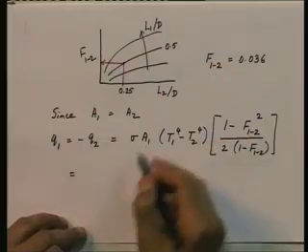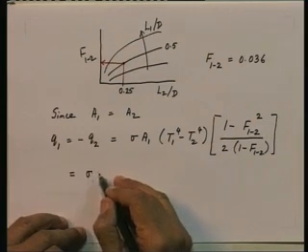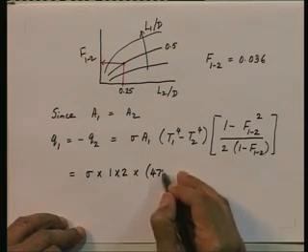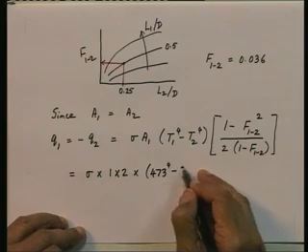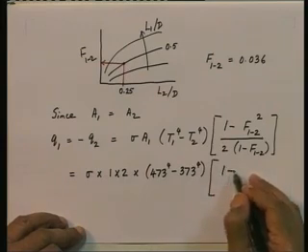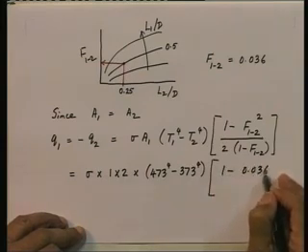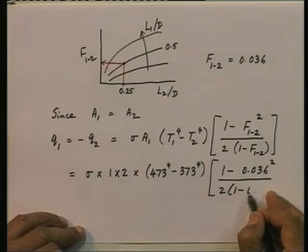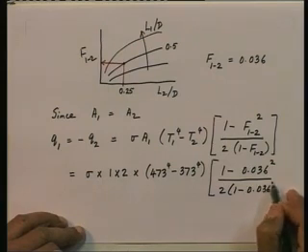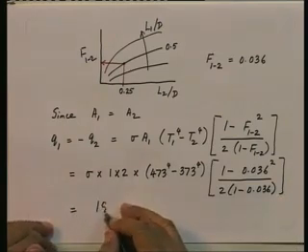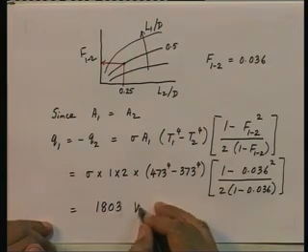Now, in this particular case, substitute the given numbers. That means substitute the value of sigma into A1, which is 1 by 2 into 473 to the power 4 minus 373 to the power 4, the whole thing into 1 minus 0.036 the whole squared, 2 multiplied by 1 minus 0.036, and if you calculate the value, you will get 1803 watts.